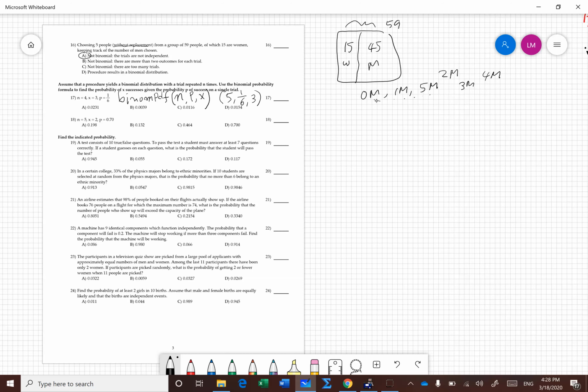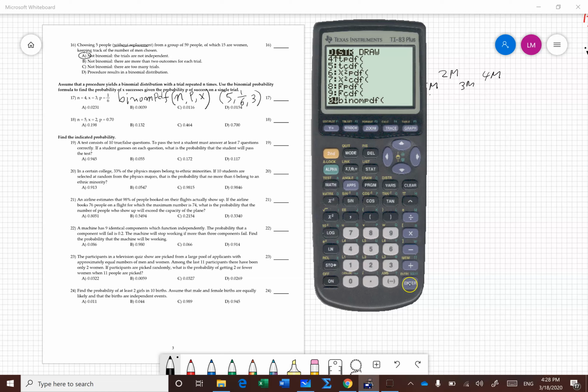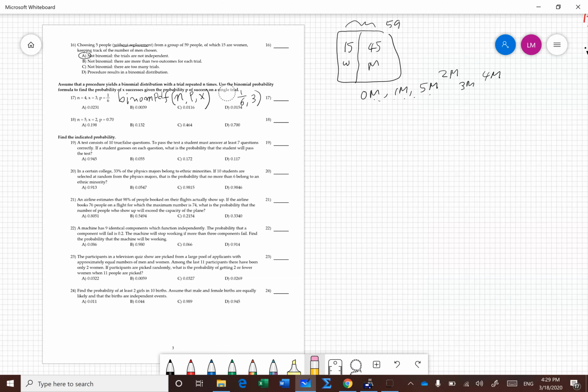Let me show you again here. So now I hit enter, and then let me clear so you can see the whole thing better. Not stats. I said second bars. You're going to distribution, DISTR, the yellow. So you go down, binom PDF, and then 5, 1 divided by 6, you can put a fraction. And, no, it's not 5, it's 4. It's 4.